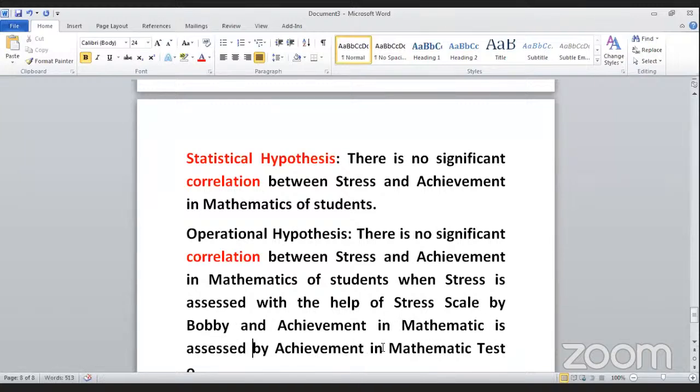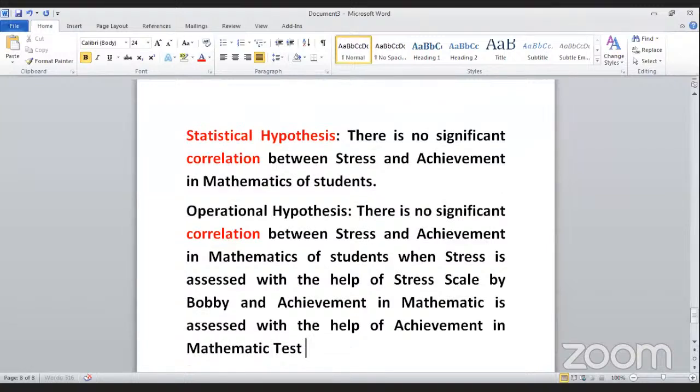Achievement in mathematics is assessed with the help of, you can change also, no problem, with the help of the achievement in mathematics test by the teacher.